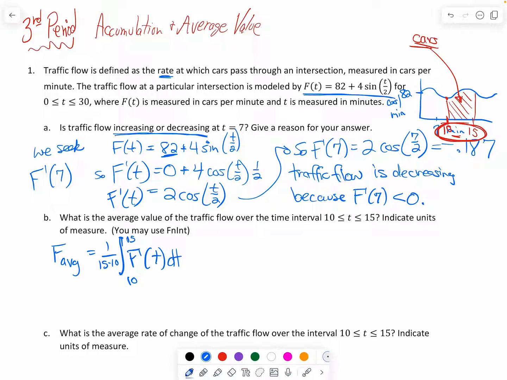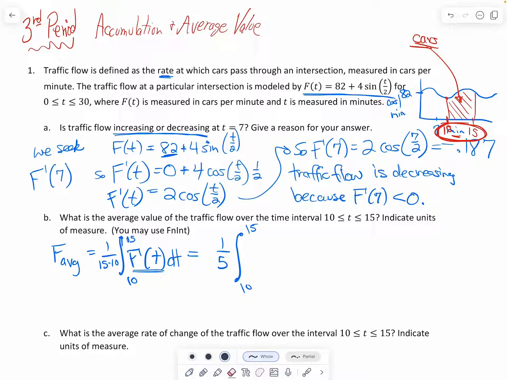That ends up being, by the fundamental theorem of calculus, the integral of this derivative is 1 over 5 times the integral from 10 to 15 of this function, 82. Wait a second, I don't know if I should have a prime there.